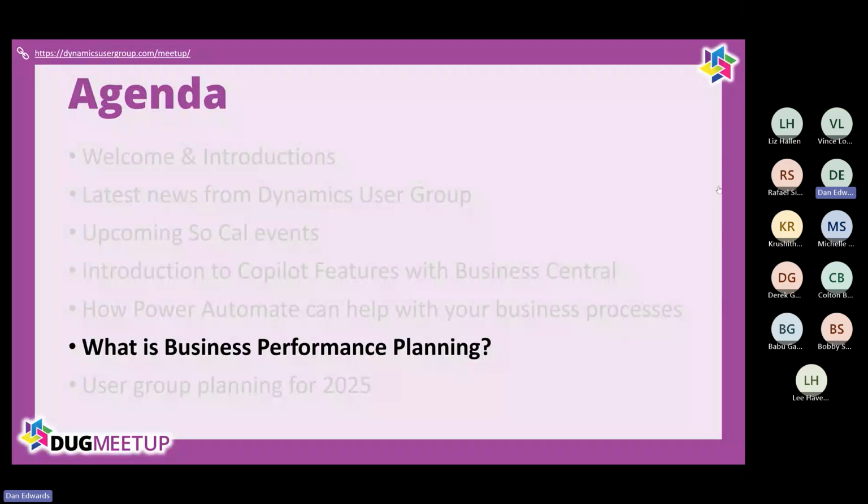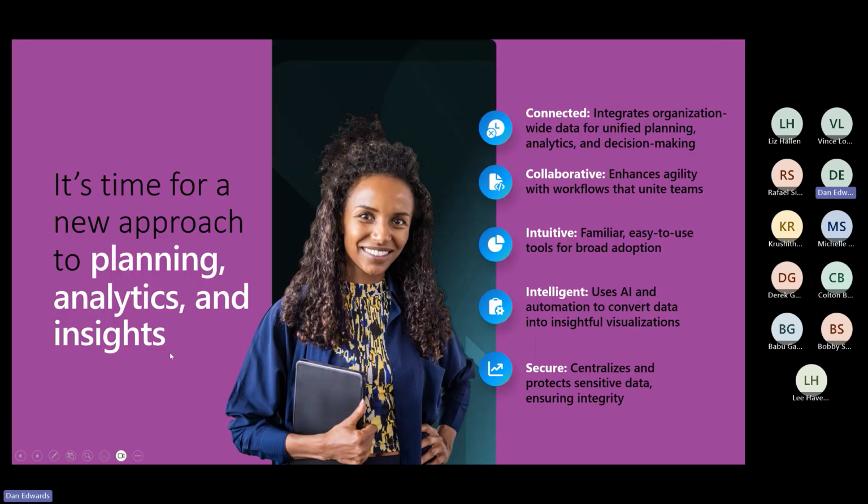One more topic I was going to touch on, and I'll cover it here. We'll keep it kind of short because I want to get to our last topic about user group planning. But I just wanted to cover a little bit.